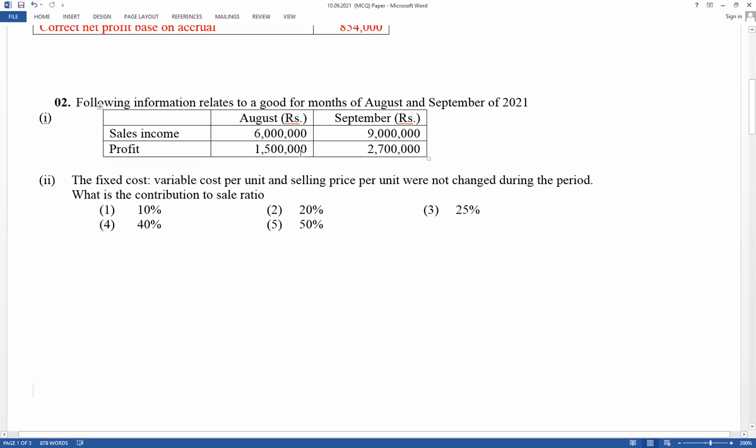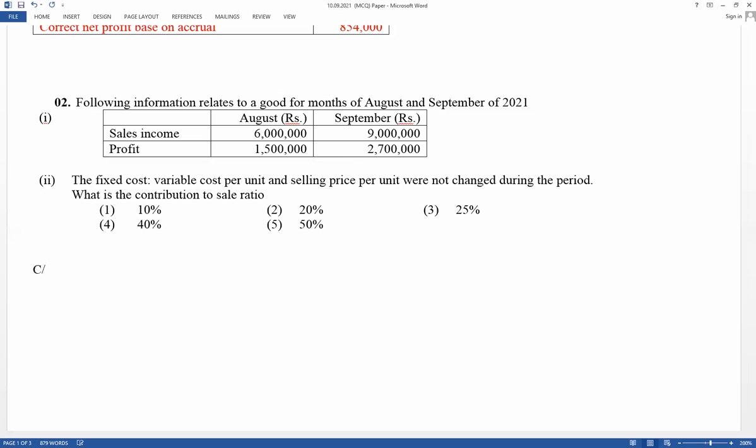When quantity changes, profit changes because of contribution. Therefore, changes in profit divided by changes in sales income equals the CS ratio.